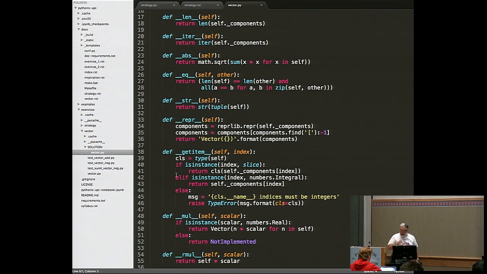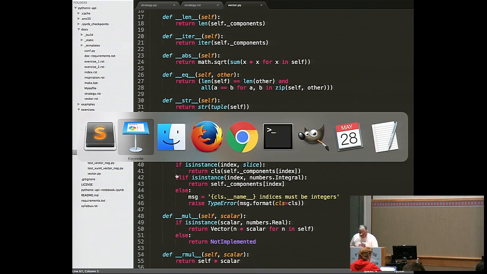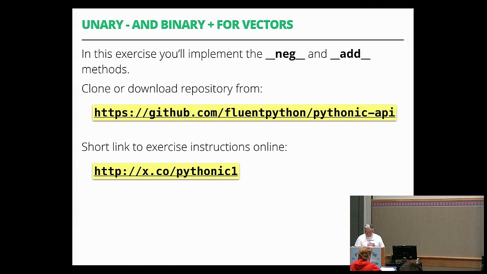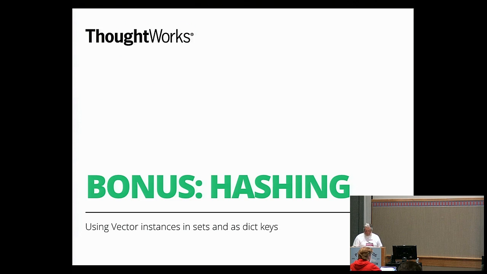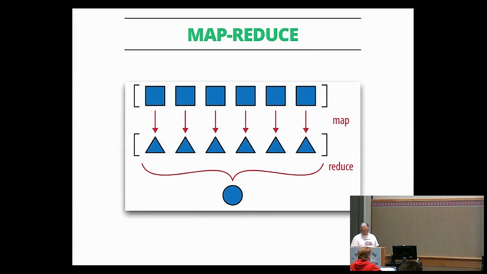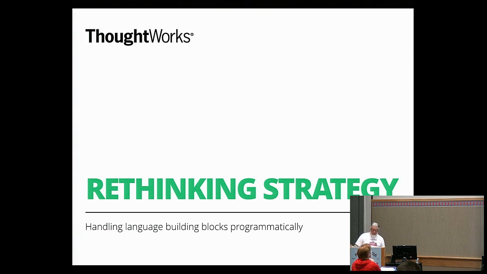Okay, so let's move on. I'm going to skip this hashing part. It's a bonus section. If we have time, I will come back to it later. But now we are moving to an entirely different example and another take on the whole Pythonic API thing, which doesn't always entail using special methods.